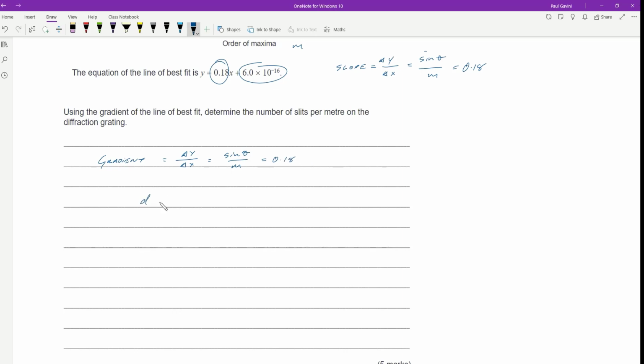So the equation d sine theta is equal to the order and the wavelength there.